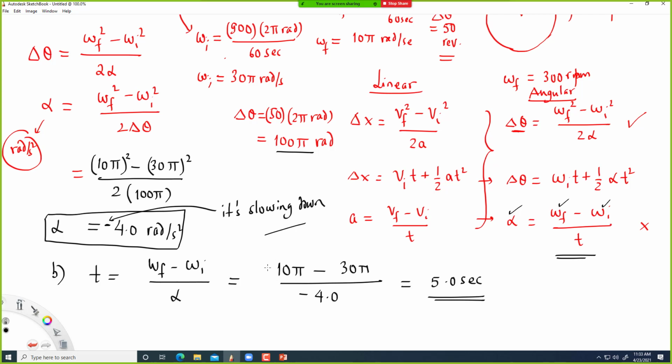So did you do the square? 10 pi squared, 30 pi squared, over 200 pi. Okay, maybe, yeah, my answer may be wrong. I was in a hurry this morning, so let me make a correction here.